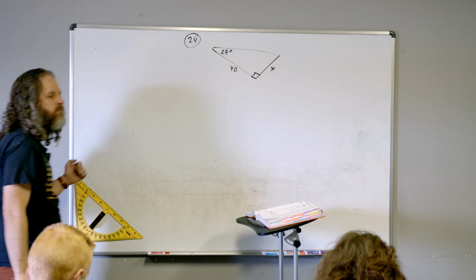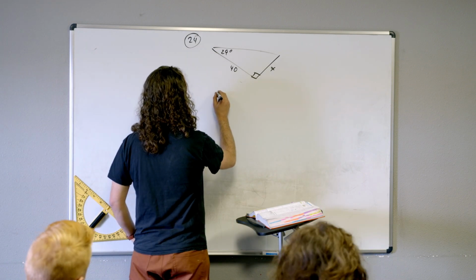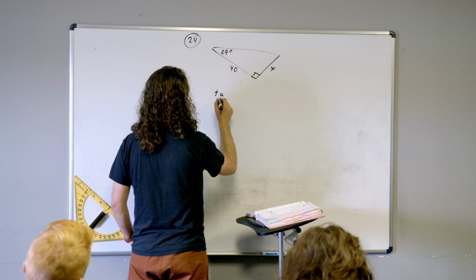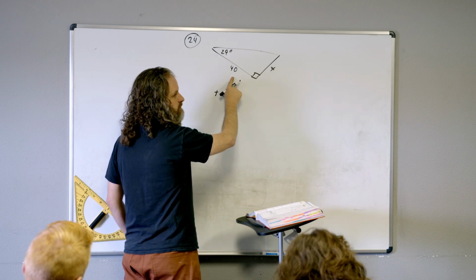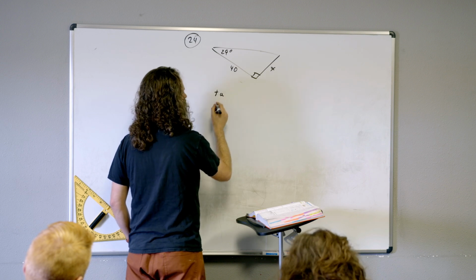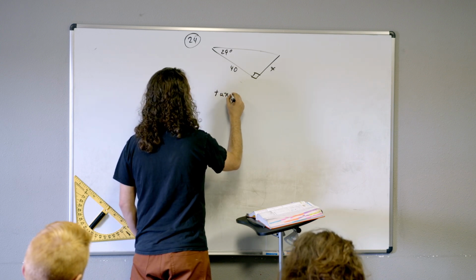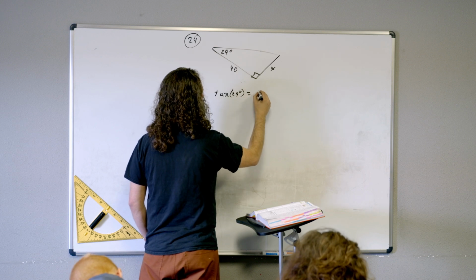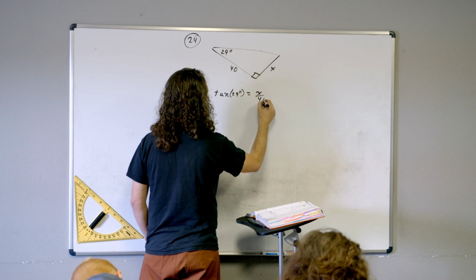Therefore, tangent. That's why I messed it up, I didn't use tangent. You figure that out because of TOA. So the tangent of 29 degrees equals x over 40.